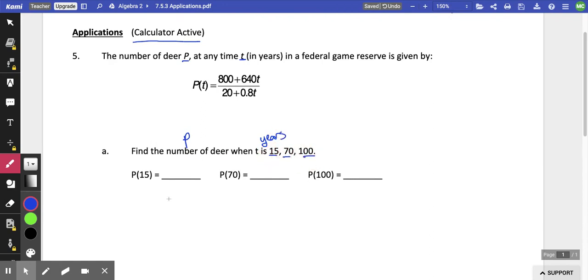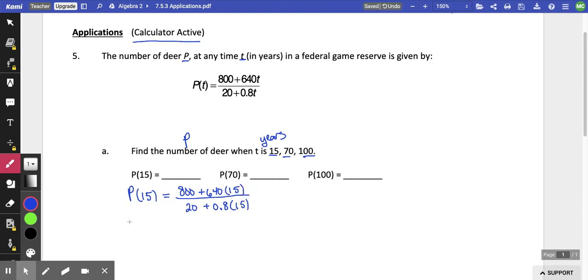Using function notation, that would just mean I put 15 in for T. So P of 15 is equal to, and that means literally just replace all of the T's in the function with that number. So I'm going to start off with 800 plus 640 times 15 over 20 plus 0.8 times 15.